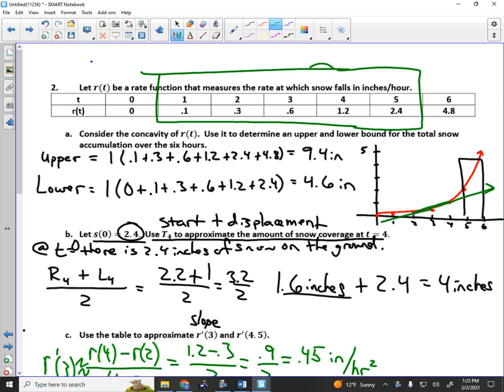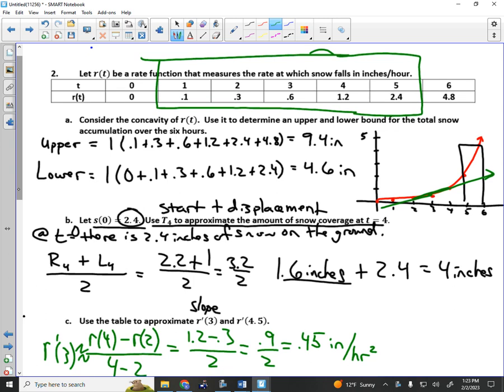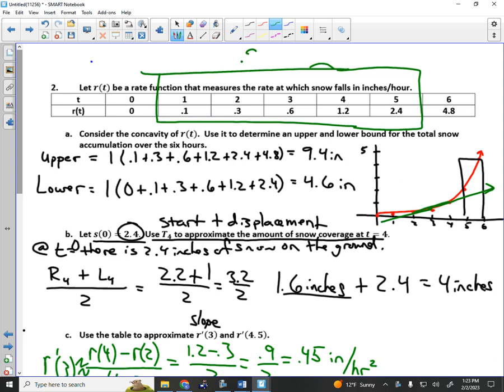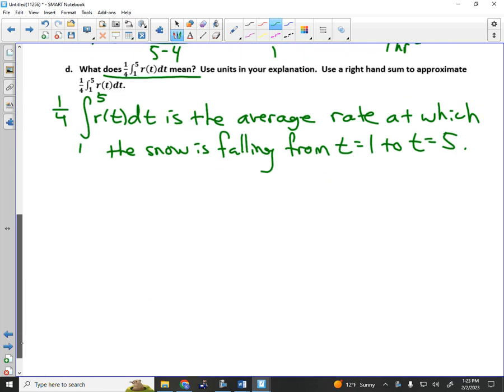Don't try to calculate, just take a guess. Jack guessed 0.9. I like that. Anybody else? 0.87. Okay, people have different thoughts. What if I guess 3.3? No. What if I guessed 0.1? No, it's got to be within those bounds.